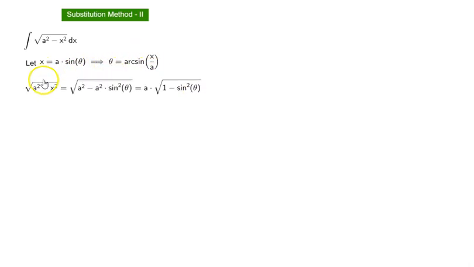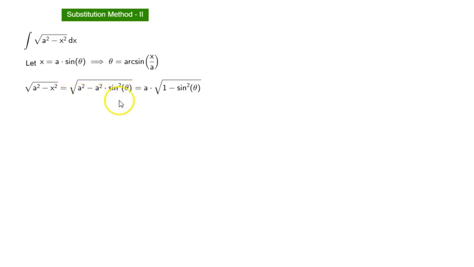Let's look at integral of square root of a square minus x square dx. So let x equal to a sine theta. So now we are substituting x with a times sine theta. So theta is equal to arc sine of x by a. Square root of a square minus x square is equal to square root of, after substitution, a square minus a square times sine square theta.